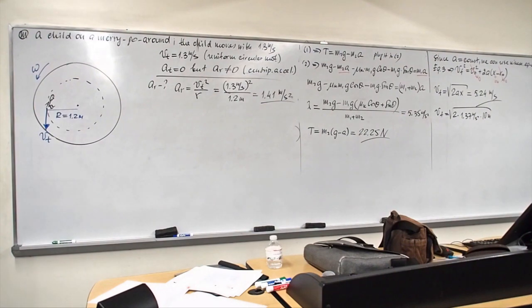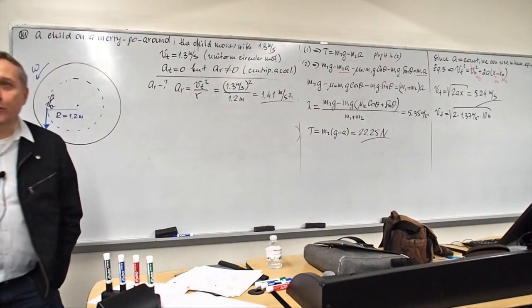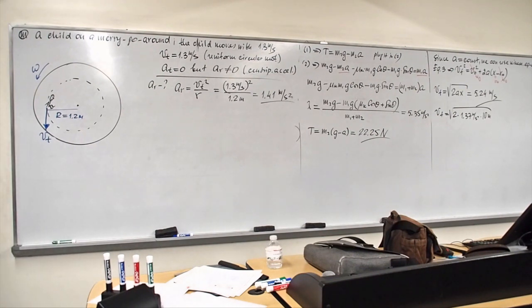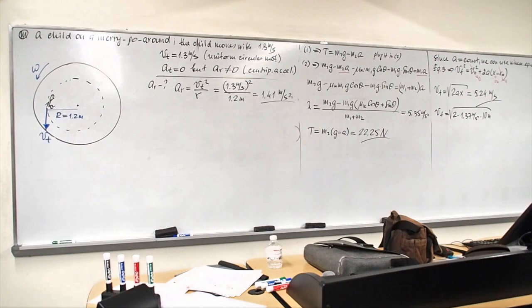We need to find the net horizontal force exerted on the child. Basically, the net radial force. Can you tell me immediately what will be the direction of the net radial force? We discussed that in the review. The direction of the net radial force is towards the center, because we have circular motion.